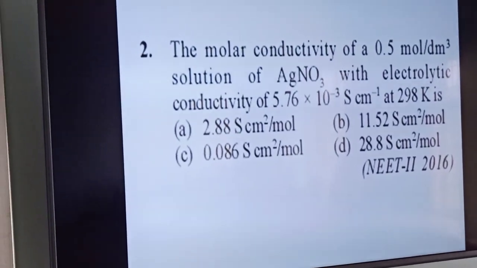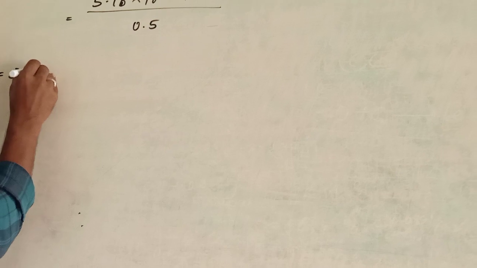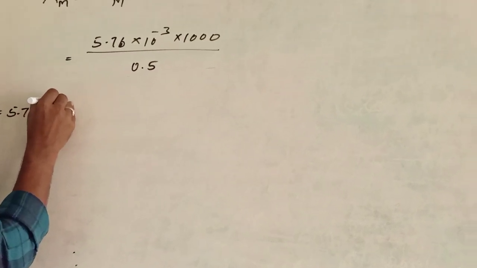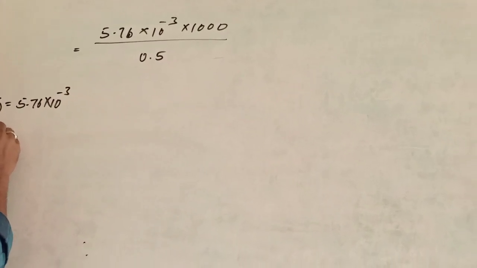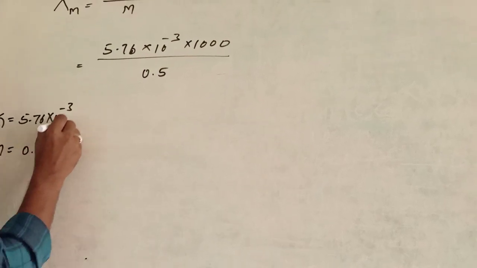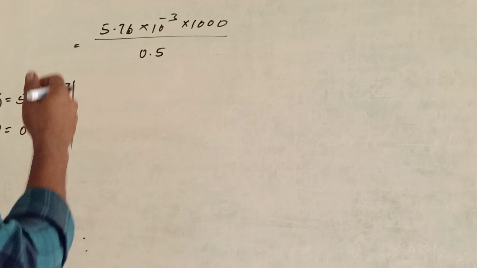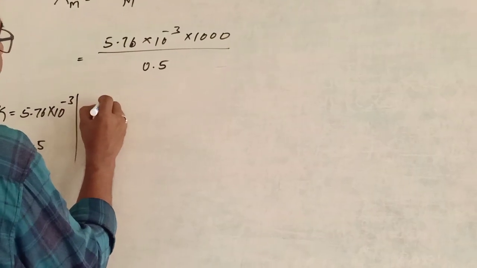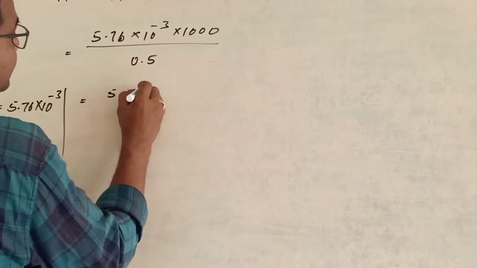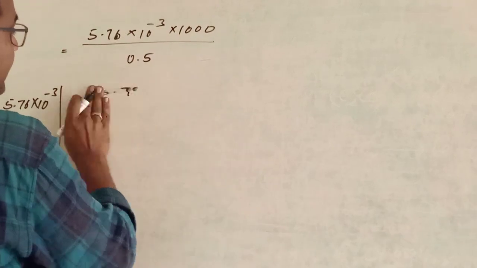So here we will once again write. Kappa is equal to 5.76 into 10 power minus 3 and molarity is equal to 0.5. These are the given values. So by using these values, we can solve here. Just substitute the values. 5.76 into, we already substituted.